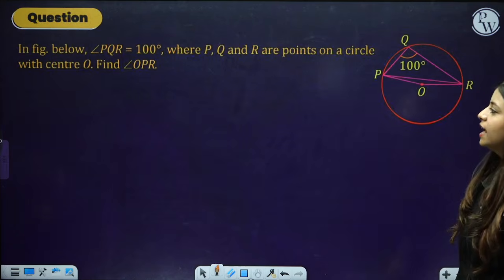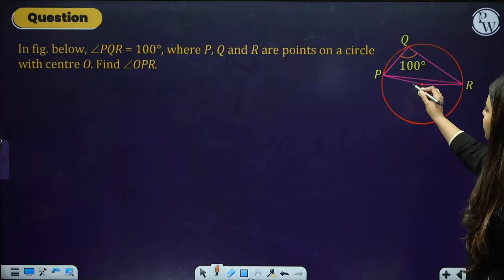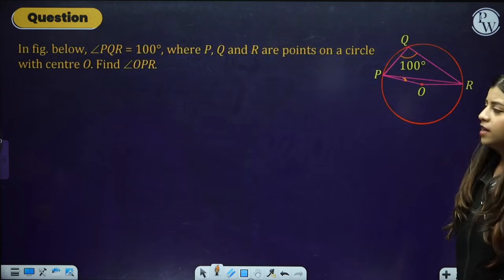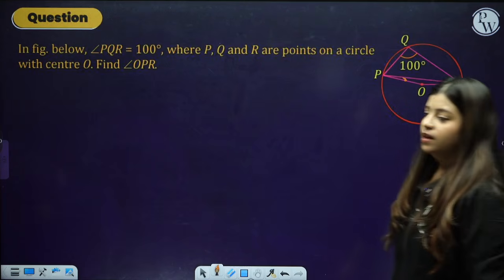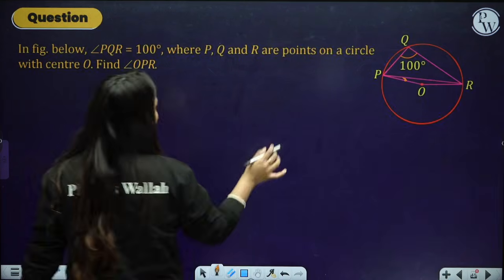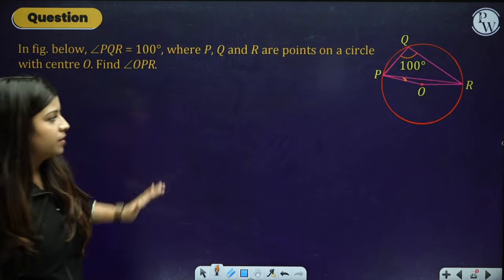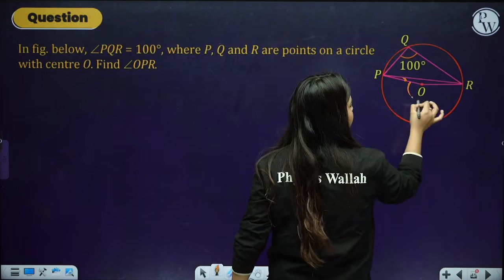The next thing we have is that we have to find out angle OPR. Now, what is OPR? This smaller one. First of all, we can see that PQR is the angle in the segment, and POR is the angle at the center.